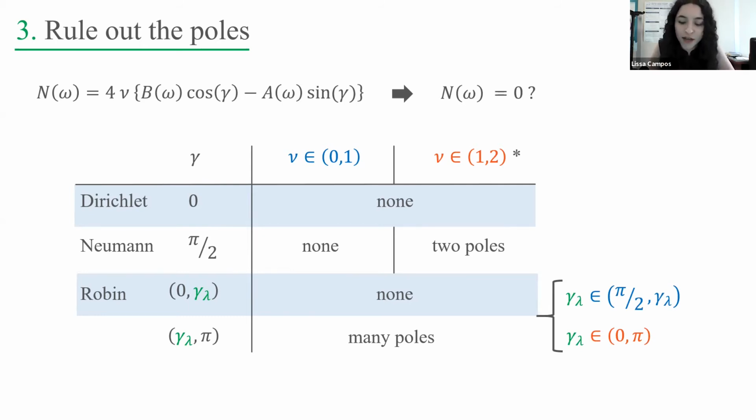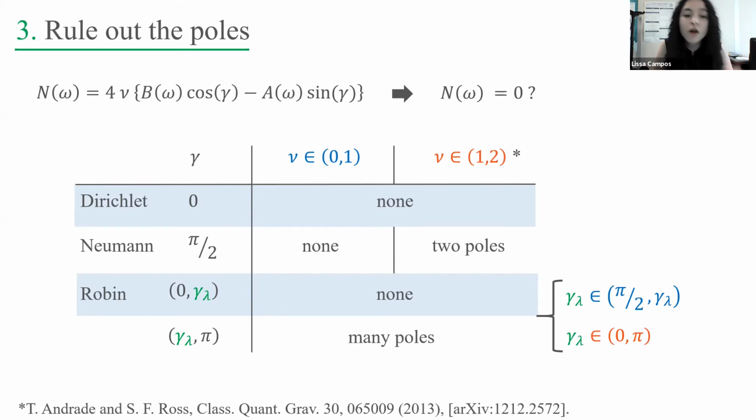Now, we can choose the boundary conditions for which we have physically sensible dynamics and for which the Green function will have no poles. And this is compatible with previous work, where they showed that instabilities emerged in the second range of effective masses, where we have that pole and the only allowed boundary conditions are mode-dependent ones.